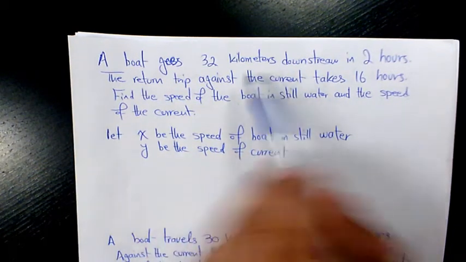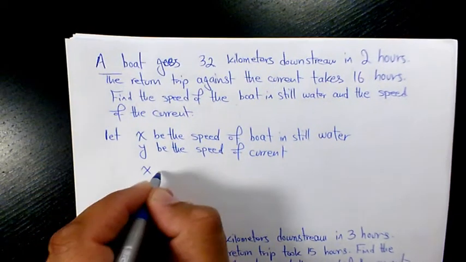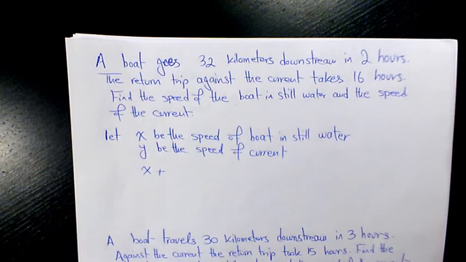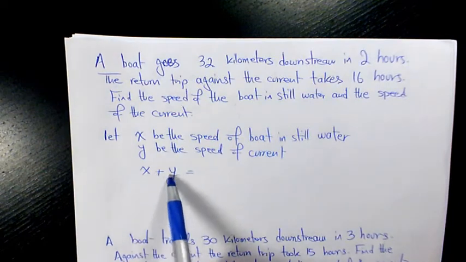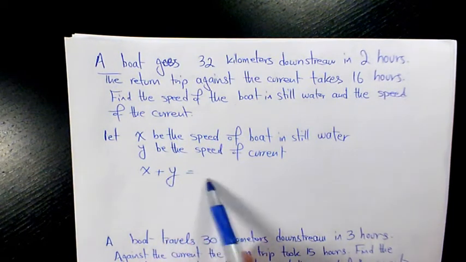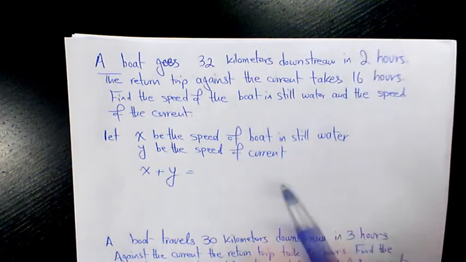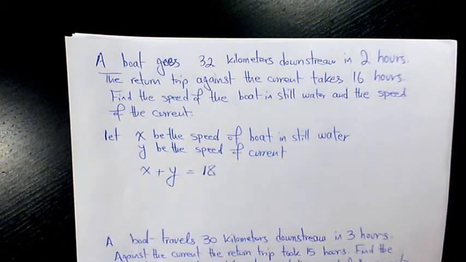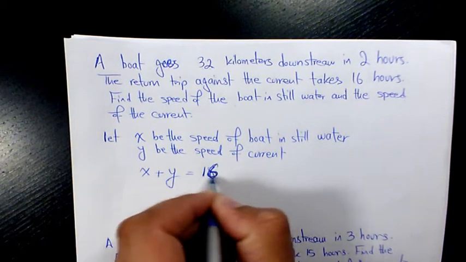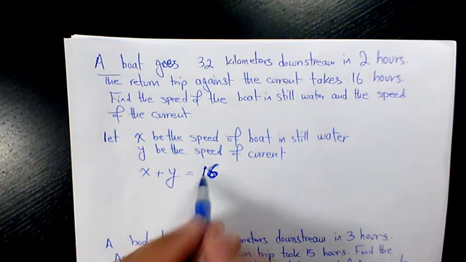So when it goes downstream, it's going to be x plus y. It means the speed of the boat plus the speed of the current equals, in total, 32 kilometers divided by 2. 32 divided by 2 is going to be 16.